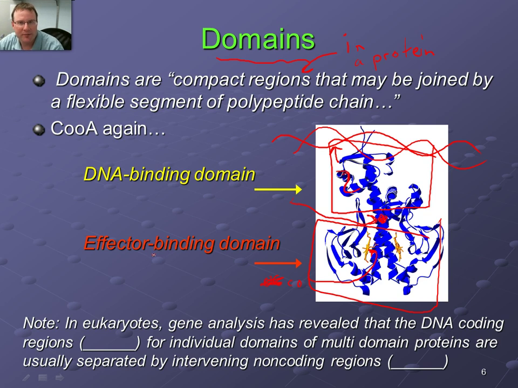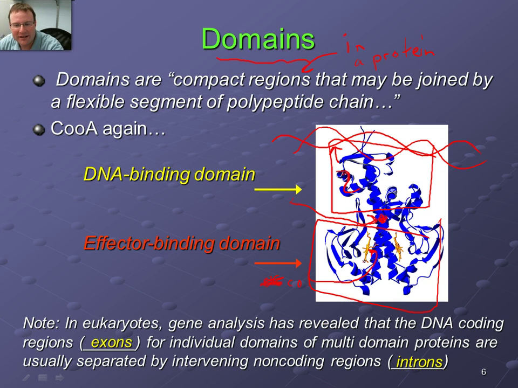So Cu-A is an example of a bacterial protein, but it turns out that this domain idea is really, really important in eukaryotic organisms as well. And what's really cool is that if you take a class from Dr. Waters, say, in genetics, analysis of a lot of genes has shown that the DNA coding regions, which we call exons, for individual domains of multi-domain proteins are usually separated from intervening non-coding regions known as introns.